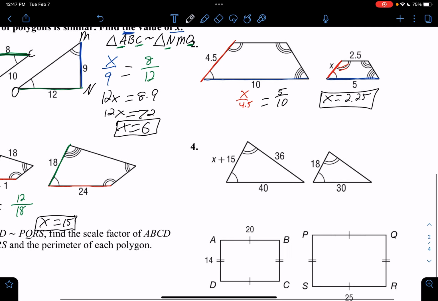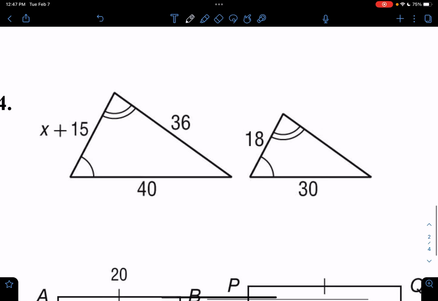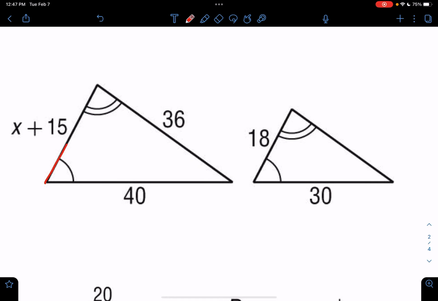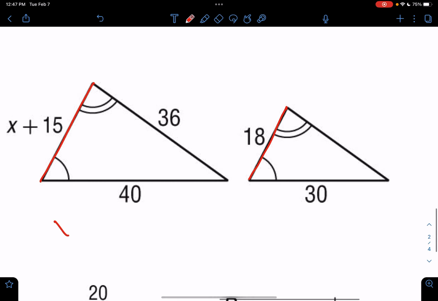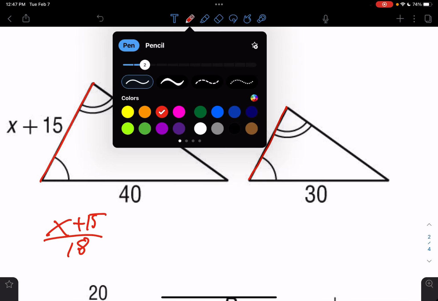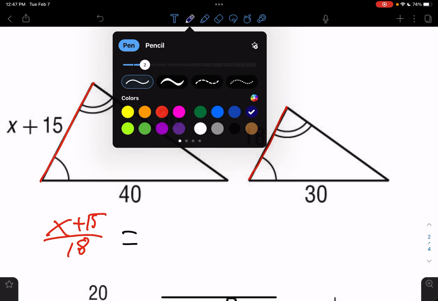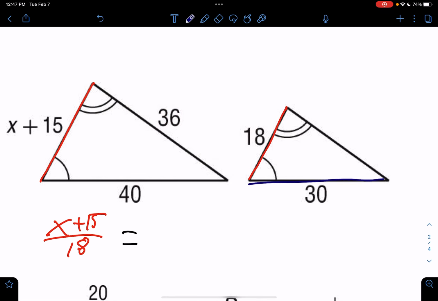Okay. Same over here. What are you trying to find? Well, I'm trying to find X. X is in between 1 mark and 2 marks. 18 is in between 1 mark and 2 marks. So X plus 15 is to 18, just as, what is the other thing that I have? Well, I have the 30 right here.